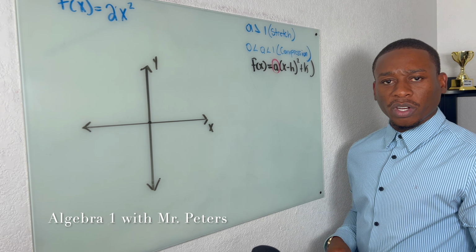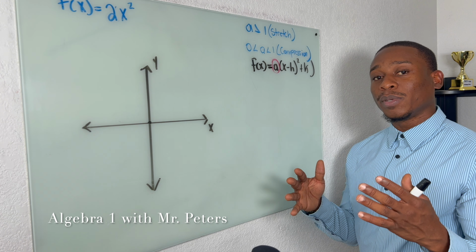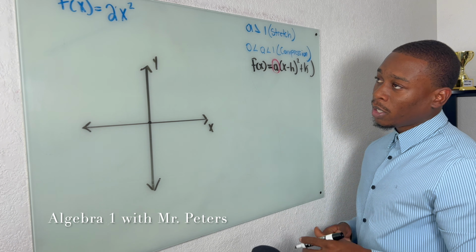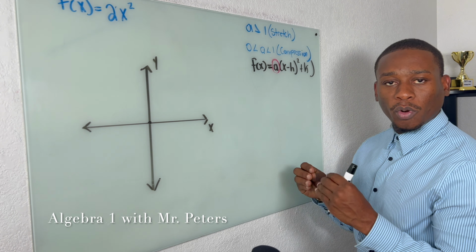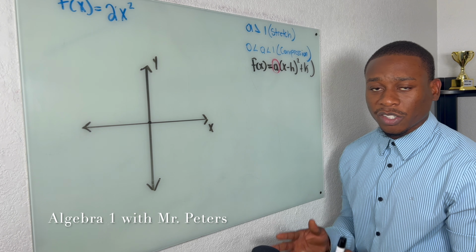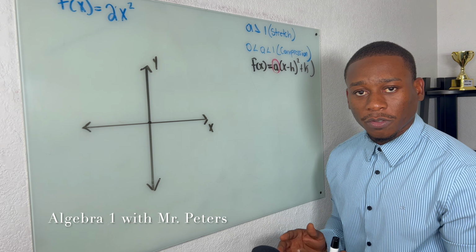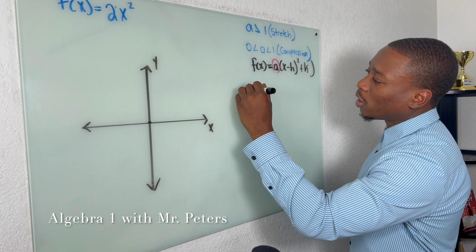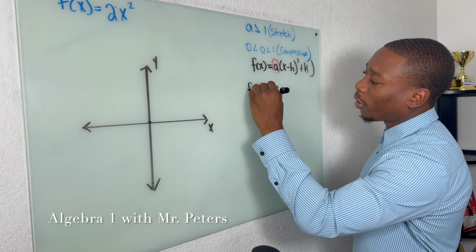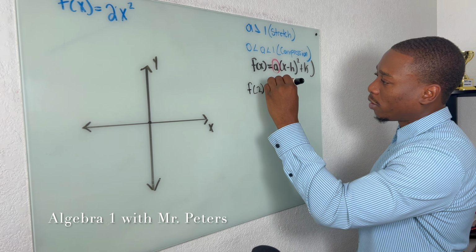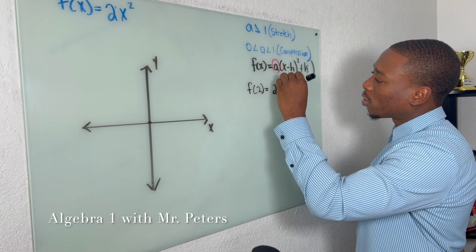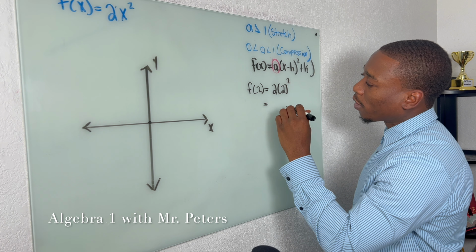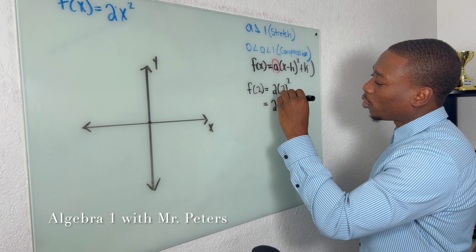So now A is greater than 1, meaning our graph is going to be stretched, it's going to be narrower. So we know the first point 0, 0 is going to stay the same because there's no vertical or horizontal shift. But what we're going to do is plug in 2 for x and see what we get. When we plug in 2 for x, we're now going to get 2 times 4.